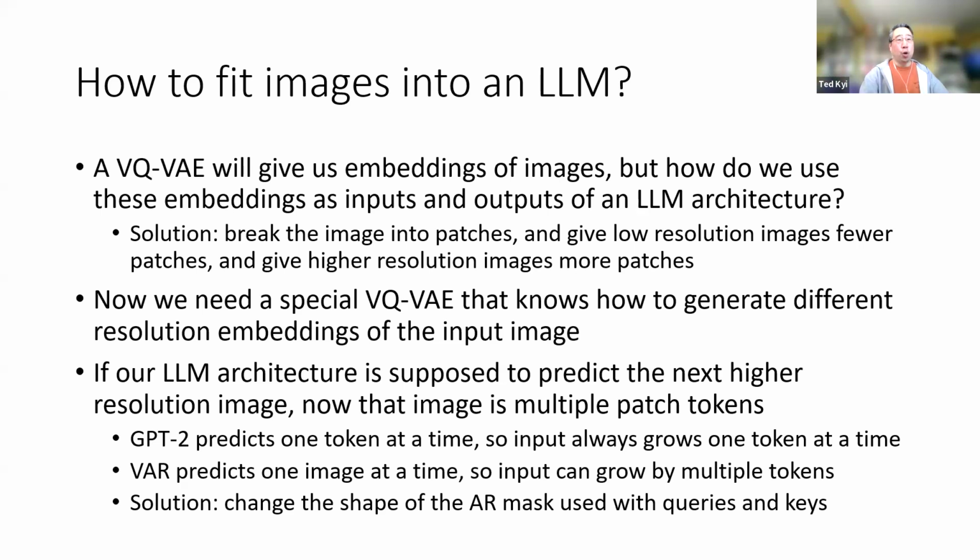All right. So basically that means that the lowest res image is going to get 1 token as its embedding, and the token ID is just the bucket number from our vector quantizer.